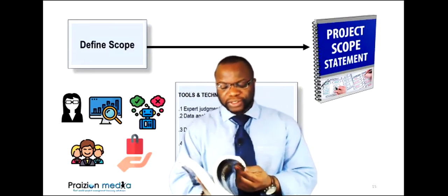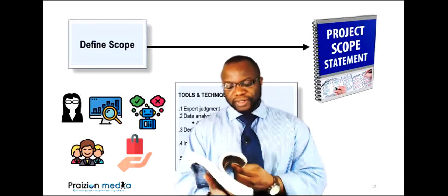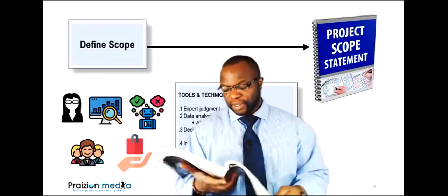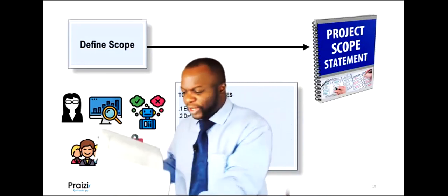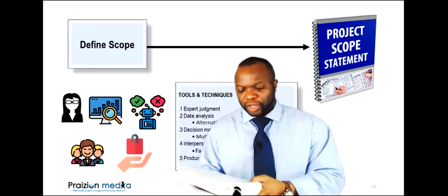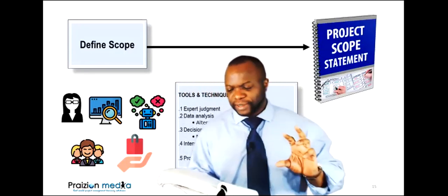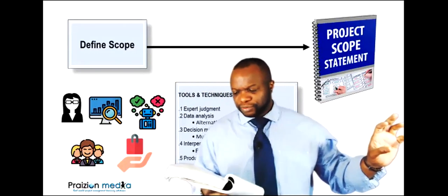Okay? Now, in the PMBOK guide, there's a table that shows you that this document is not the same as a project charter. Let's go to that image. Because a lot of people say, Phil, but this sounds like what's in the project charter. No, not the same. Go to page 155. Let's take a quick look at page 155. On page 155, you can see project charter and project scope statement.